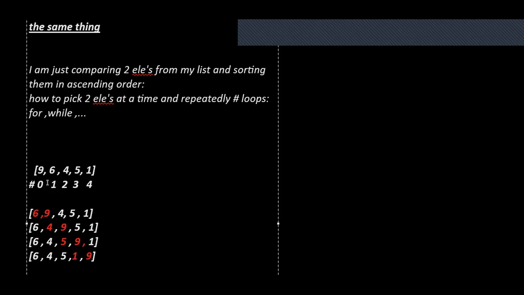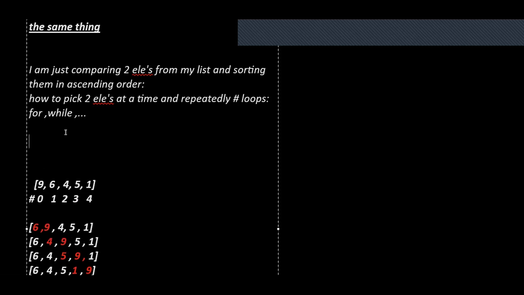That means I just need to move from 1 till 4. In this case, I just need to move from 1 till 4 indexes. So let me say my index will move in range of 1 till 4. Since there are 5 elements, I just move till 4.